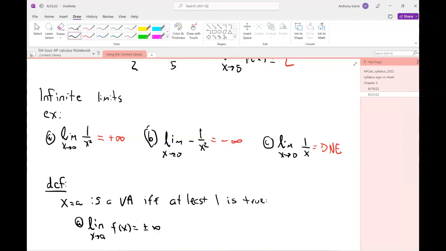If the limit at x equals a is either positive infinity or negative infinity, then that would make a vertical asymptote, like we saw in examples A or B. Everybody agree with that?